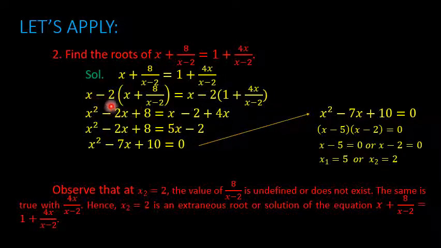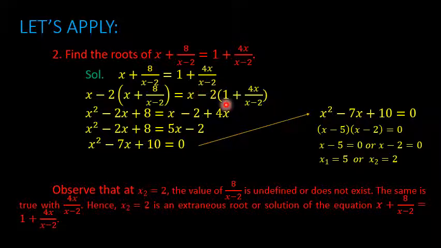What do you notice here? x times x, x squared. Negative 2 times x, negative 2x. Then x minus 2 times 8 over x minus 2. So what do we do? The x minus 2 and the x minus 2 cancel, and what remains is 8.